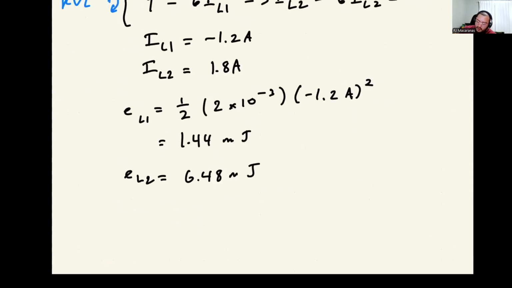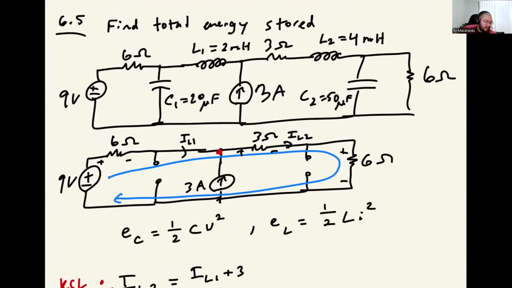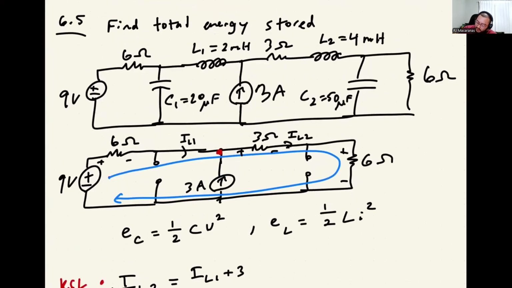That's pretty straightforward there. The next thing we want to do is figure out the voltages for the capacitors. So that's VC1, and this is going to be VC2.